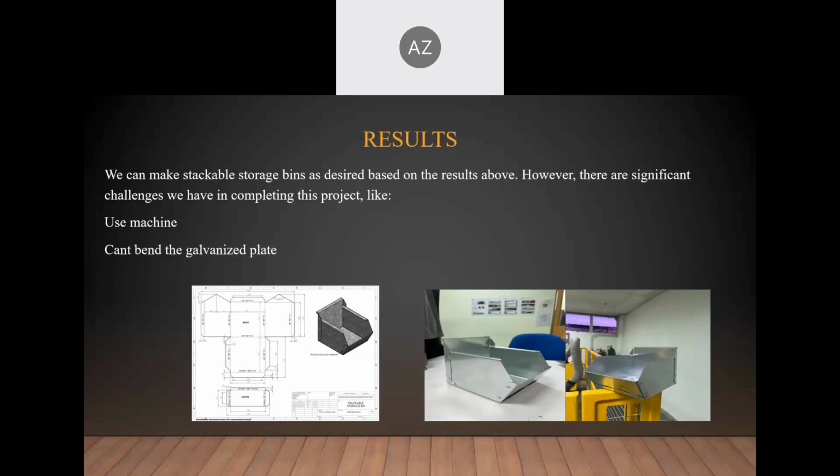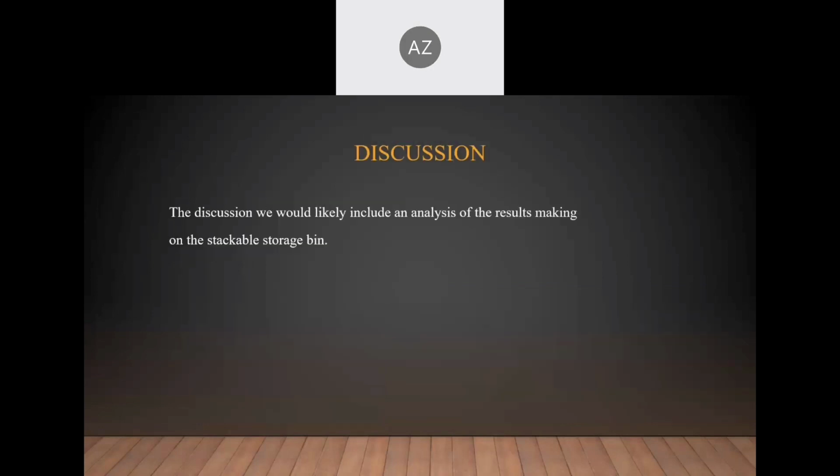However, there were significant challenges in completing this project. Using the machine, the bending machine can only bend at a 102 degree position. The galvanizing plate corner of the bending was ground with a carving chisel so that it is easy to bend. The discussion would also include an analysis of the results of making the stackable storage bin.